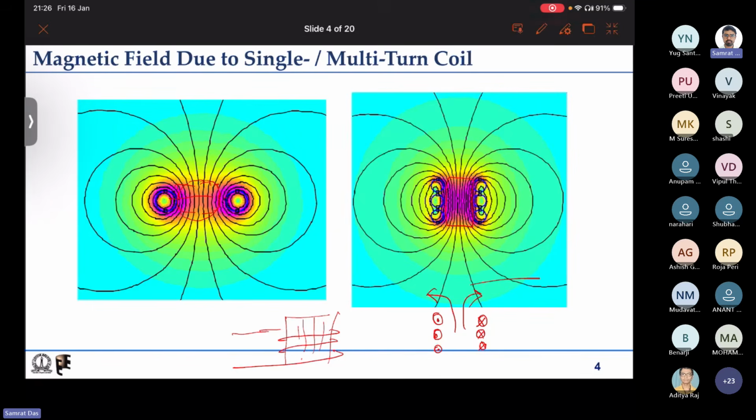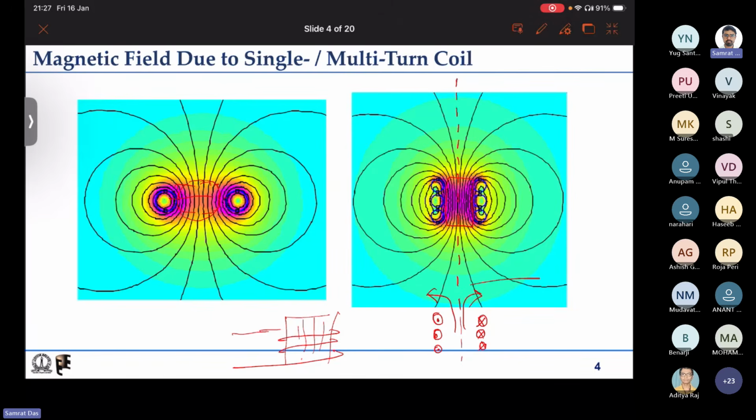Now let us try to understand what we mean by the axis of a magnetic field due to a coil. If we have the flux line distribution as we have in this case, it is possible to draw an imaginary line at the middle which is not crossed by any flux line.